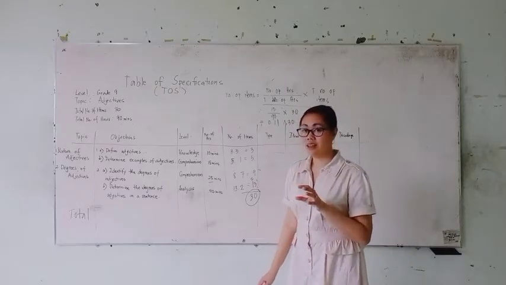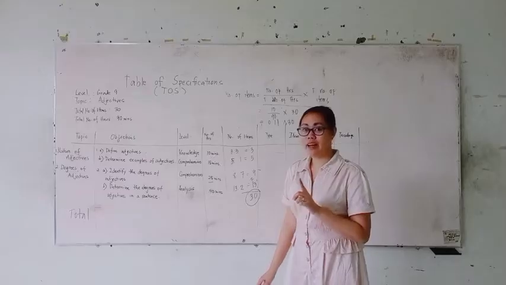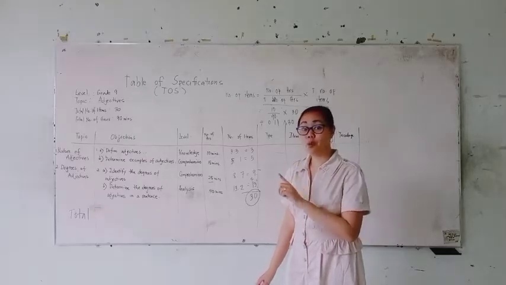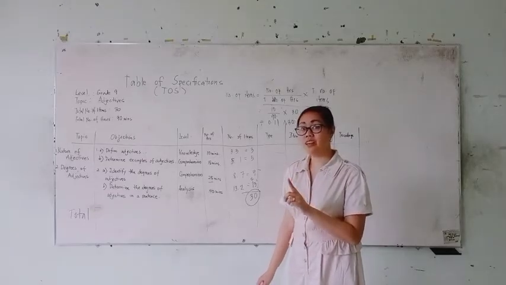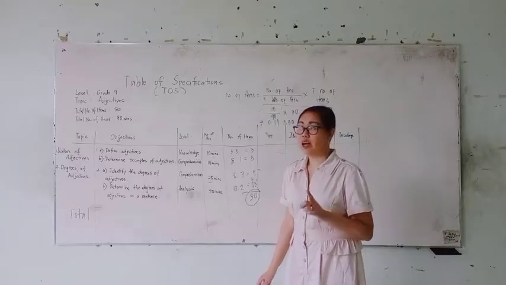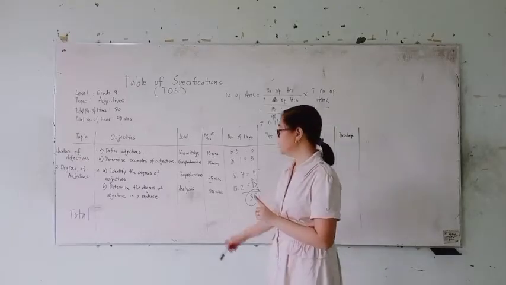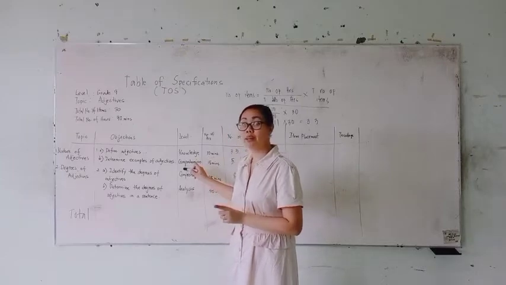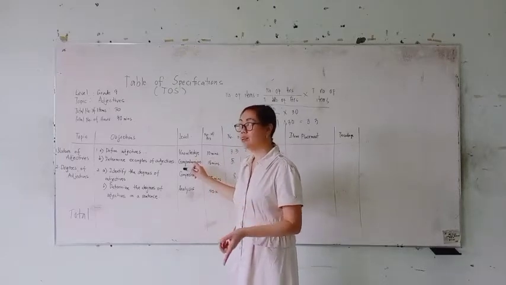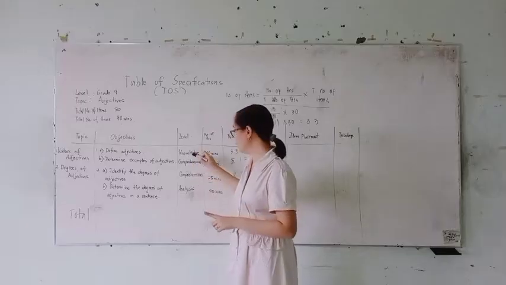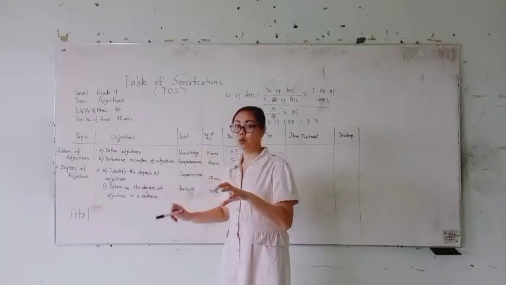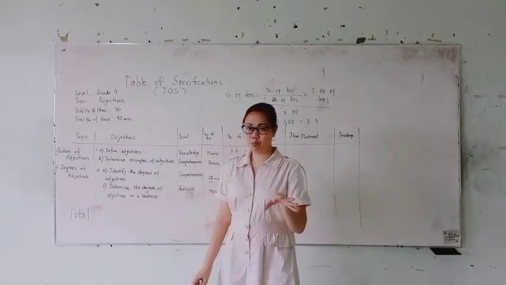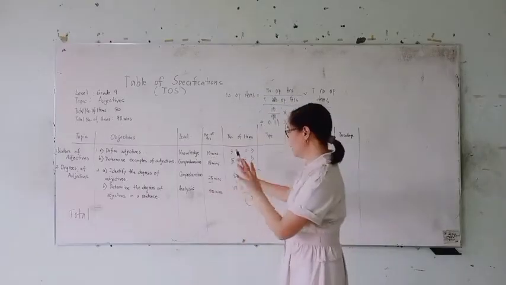Pipili ka ng isa sa item na i-round off mo sa 4 at pipili ka ng isa na i-stay mo sa 3. Ano yung basis mo ng pagpili? Yung mas mataas ang level, yun ang dapat na piliin mo na i-round off. At i-stay mo yung lower level doon sa 3 points. Okay? So, yun ang magiging basis mo.